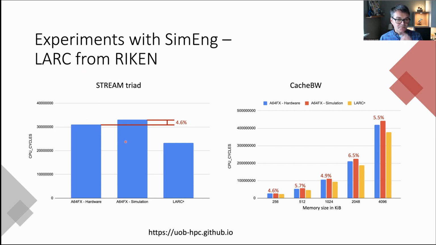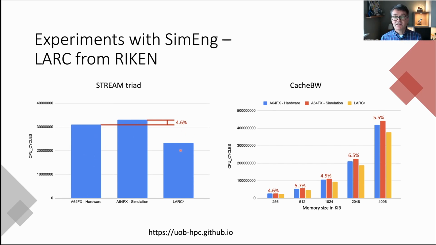So what we've done is we first started out, on the left, running Stream through the A64FX hardware, because Lark is closely based on A64FX. Then the middle column is our A64FX simulation. This is the SimEng model of A64FX, and we're within 5% of the hardware for Stream.